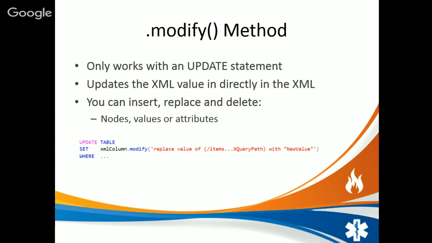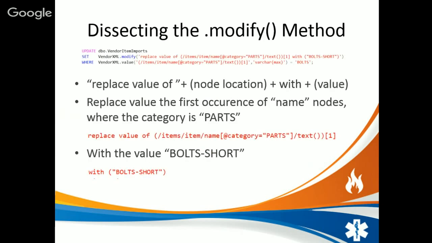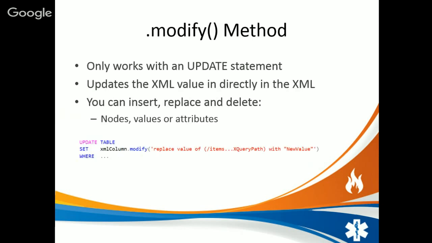The modify method only works with an update statement, and you use it to update the value or the attributes or the structure of the XML. You can remove nodes, add nodes, change values. I guess it's always a string for the last part of the modify?